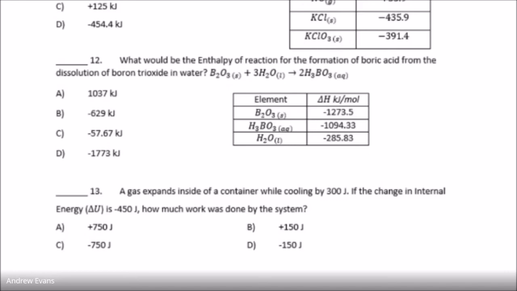So if the gas expands while cooling by 300, it's telling you when it cools, heat is lost. So we'd have a heat of negative 300. They say the internal energy is negative 450. So what must work be to make this math add up?